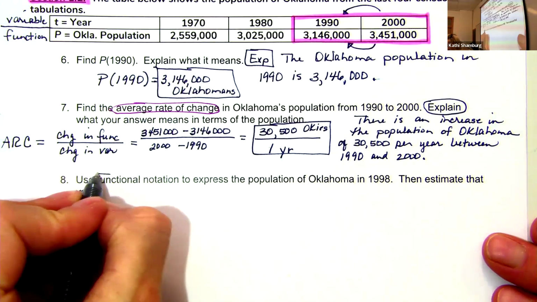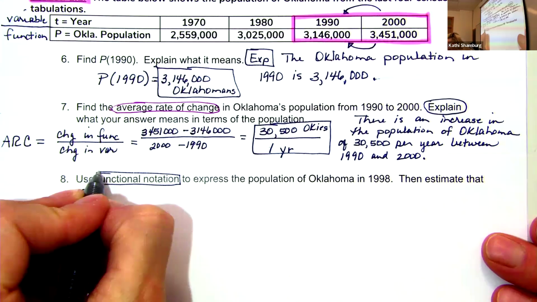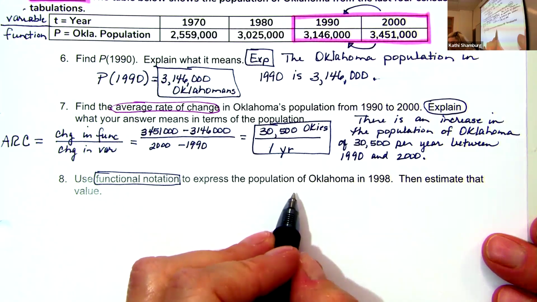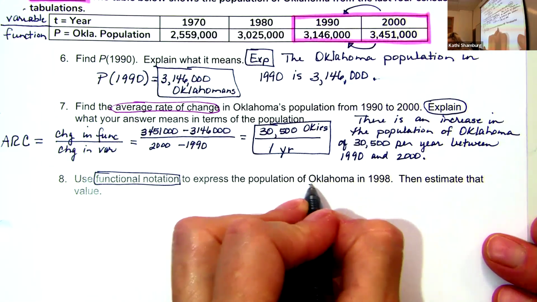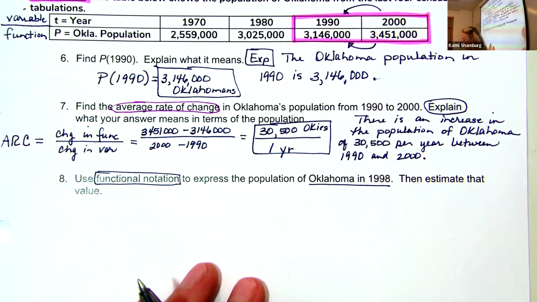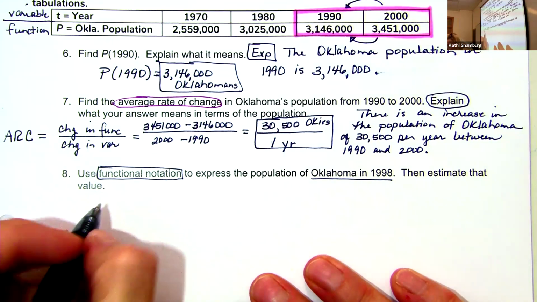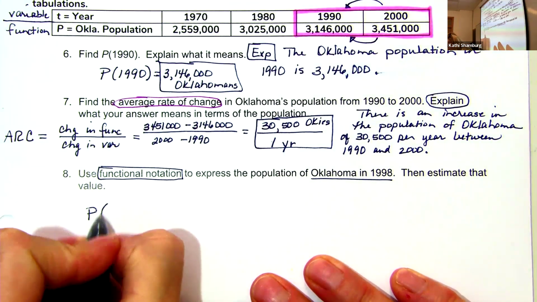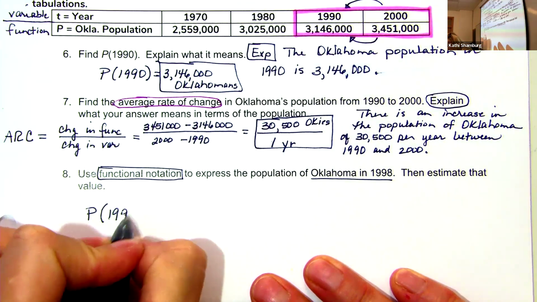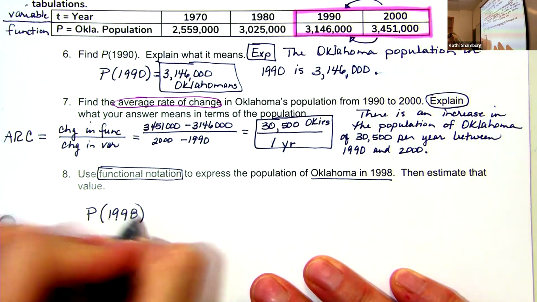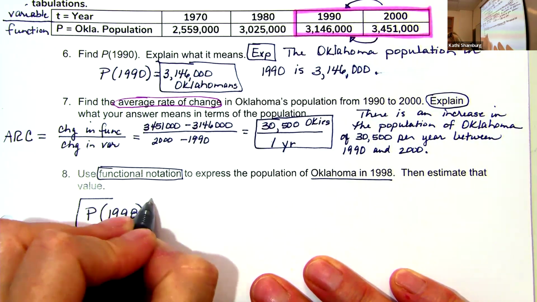Okay. All right, last one. Use functional notation to express the population of Oklahoma in 1998. Then estimate the value. Okay, tell me the functional notation. 1998. Sorry. So this is the first part of the question.